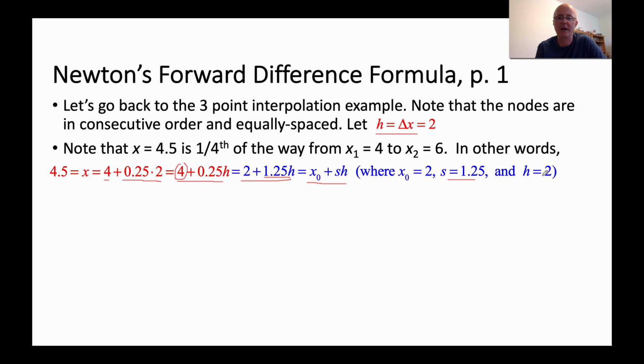Now these are all important numbers. x0, s, and h are all important, but I really want to focus in on the s and the h here. And really in terms of the s ultimately as your variable, so to speak.